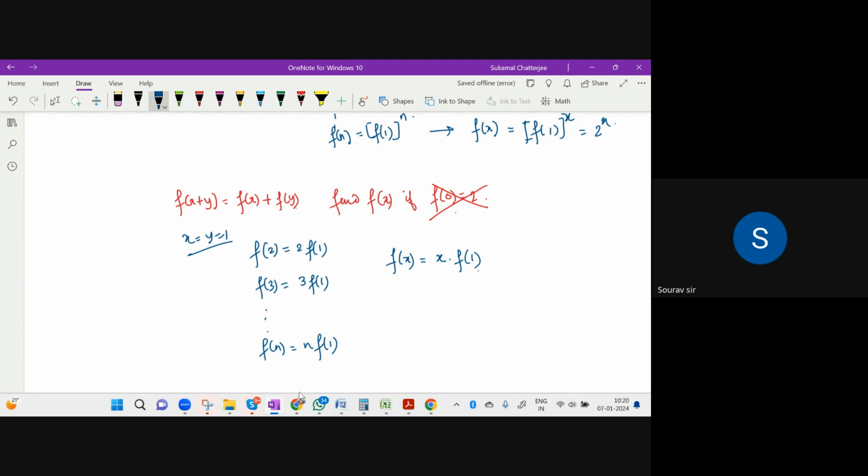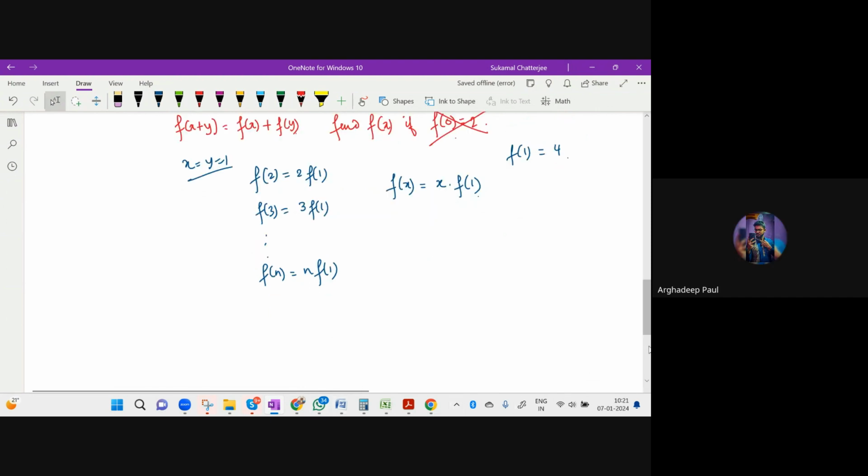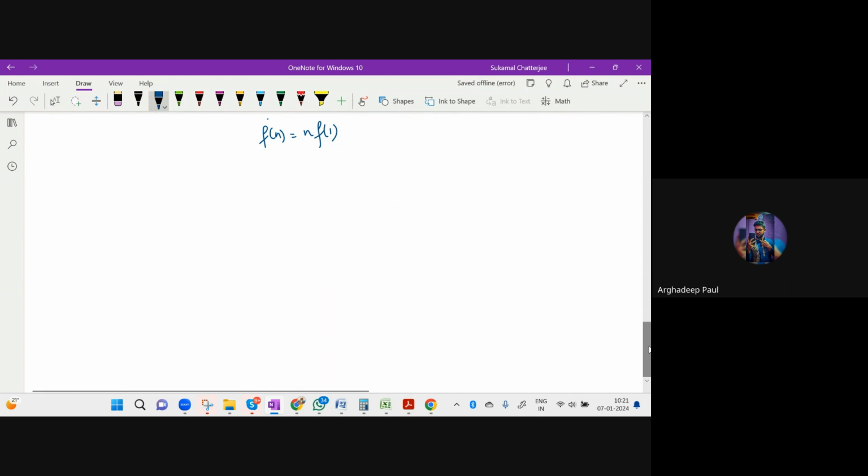You need either f0 or f1 or f2, right? So if this value is given in place of this, if f1 is given as 4, then you know what the answer is. Clear? Yes, sir. Okay. Next.